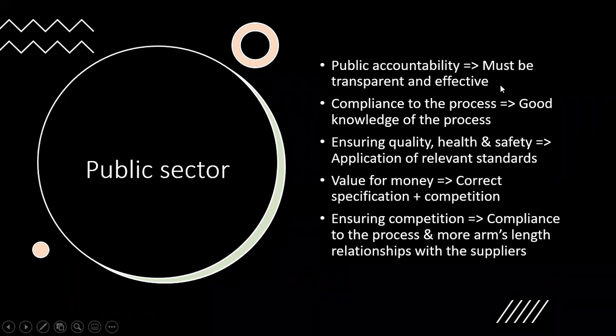They must, for example, identify the criteria for selection before sending the ITT. And when they assess and evaluate the bids, they must be very transparent and publish it in the public journal.